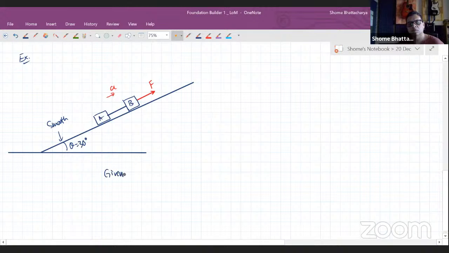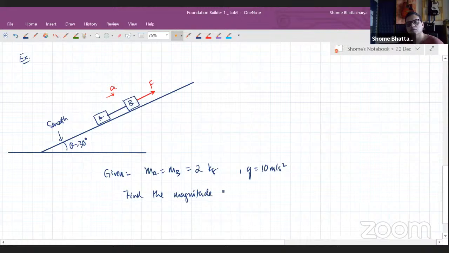Given that mass of A is equal to mass of B is equal to 2 kilograms, g is equal to 10 meters per second square. Find the magnitude of F, acting parallel to the inclined plane as shown.